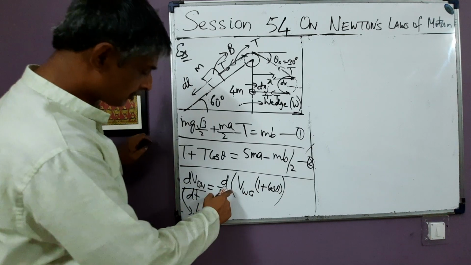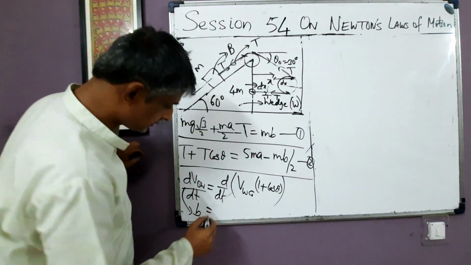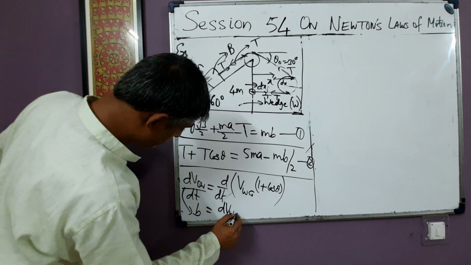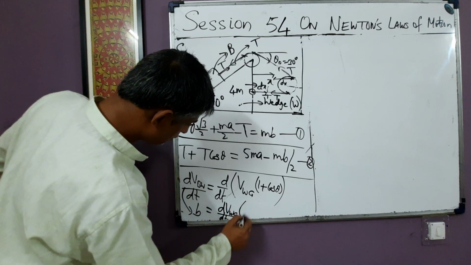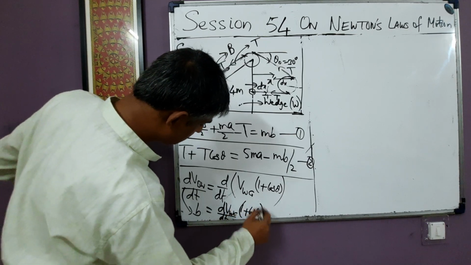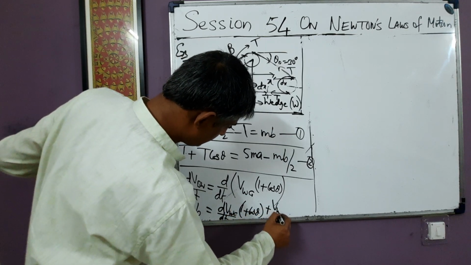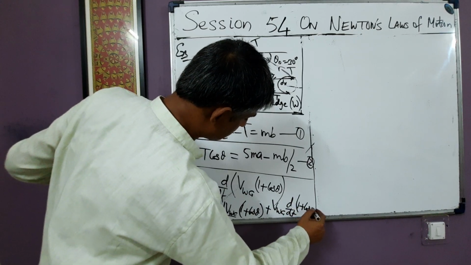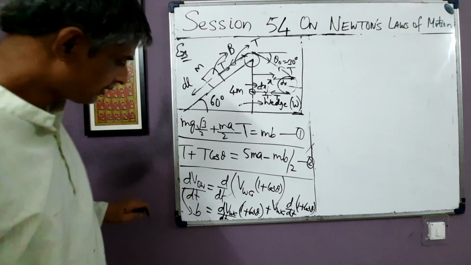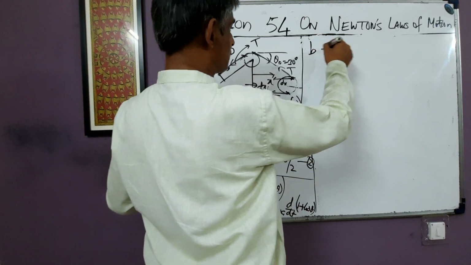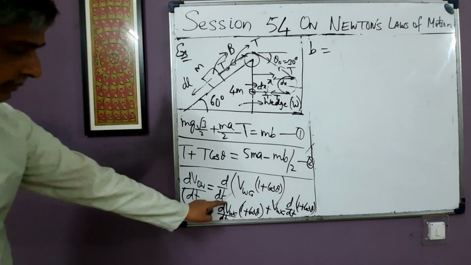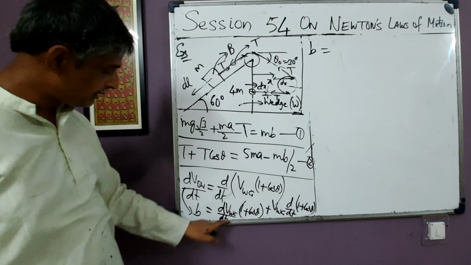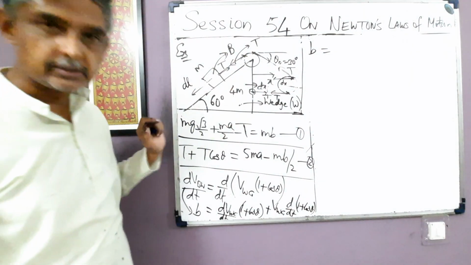Equal to. Now this I differentiate using the product rule of calculus. So it becomes dVWG by dt into 1 plus cos theta plus VWG d by dt of 1 plus cos theta. Now we get b is equal to, dVWG by dt becomes a, acceleration of wedge with respect to ground.